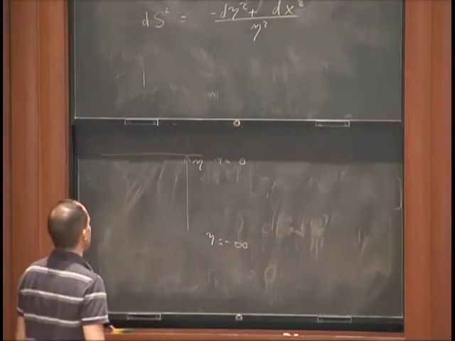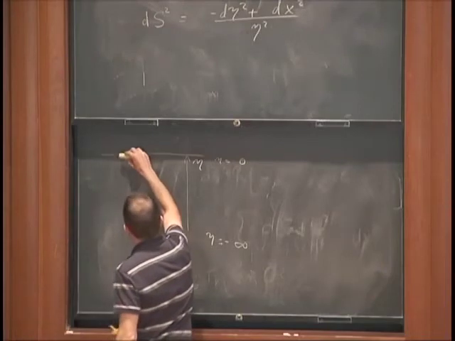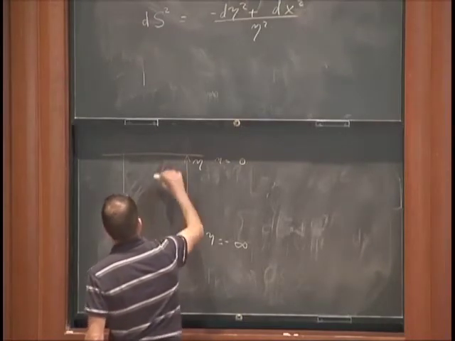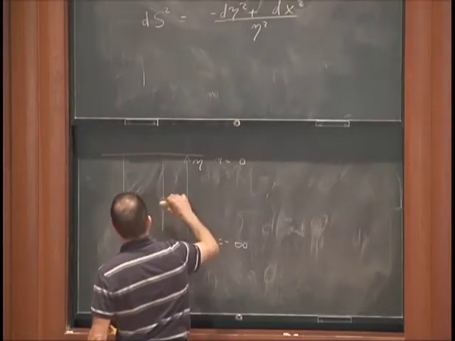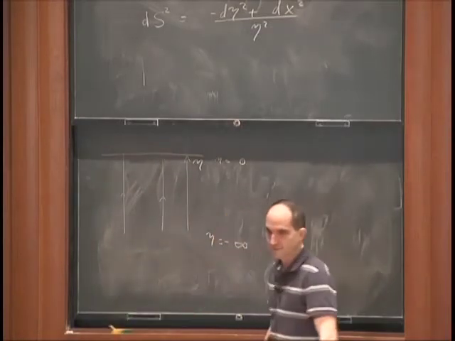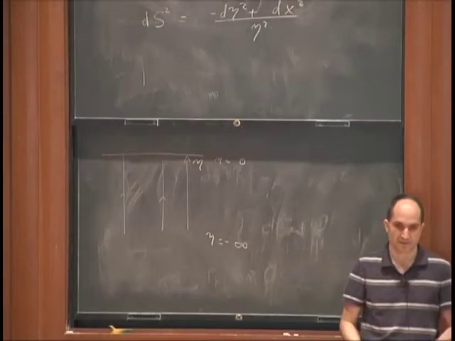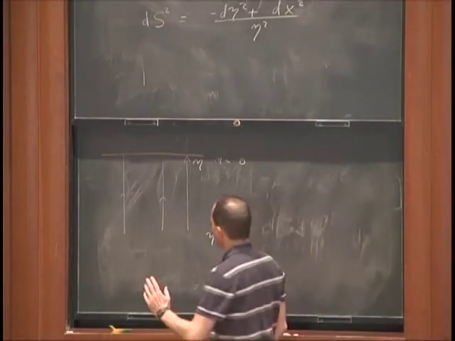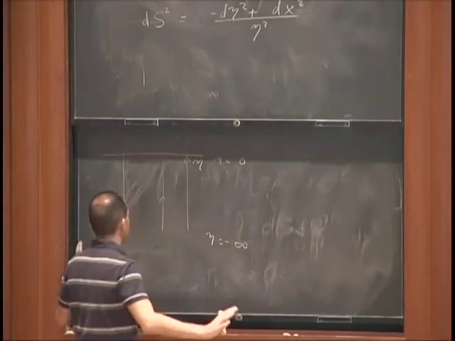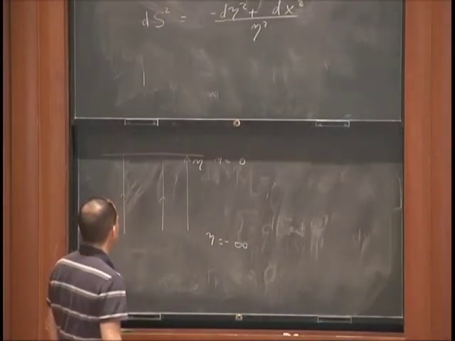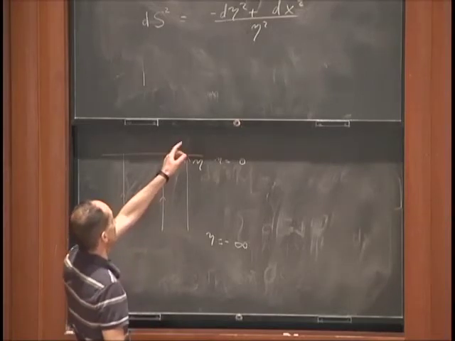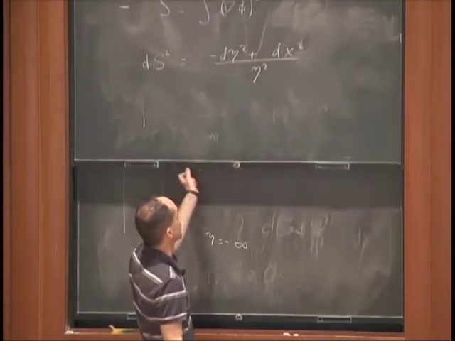Okay. Now, if we follow 2 observers who are at constant x, such observers are geodesic observers. We could take an observer at constant x. He will remain at constant x. It's not subject to any force. It's an observer just freely floating in de Sitter space. We take 2 such observers, and their proper distance is growing, like 1 over eta squared, right?